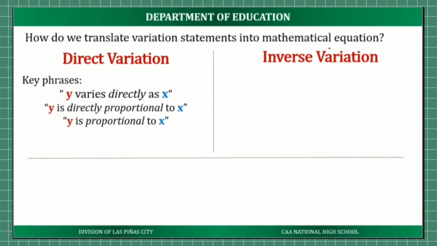Ayan. So, how do we translate this statement into mathematical equation? So, first, yung unang variable, so we have here y equals k, which is the constant, and then the second variable, which is the x. Idudugtong lang natin yan.